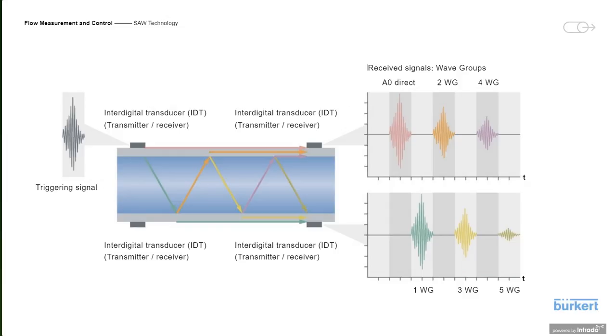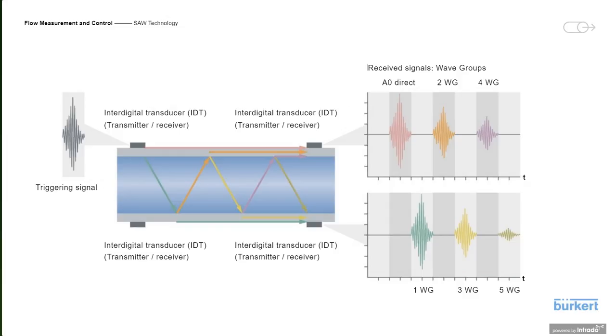The light gray areas is the pipe wall, and in the pipe, in the blue color, is the liquid. And from the outside, in the dark gray color, there are the transducers. And these are special transducers dedicated for transmitting and receiving surface acoustic waves.